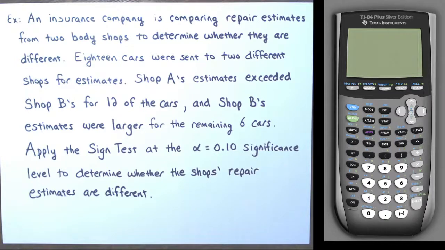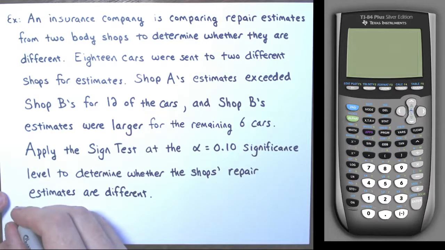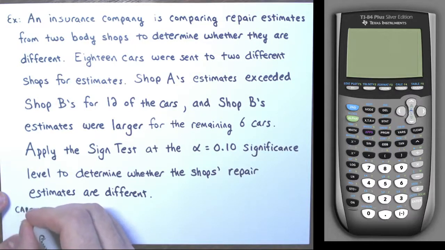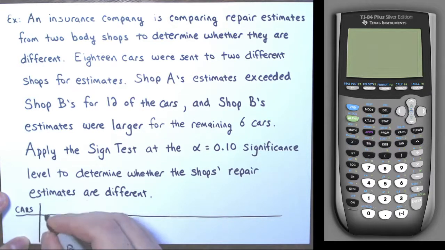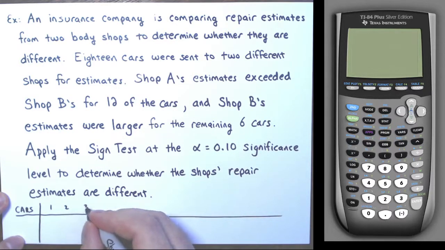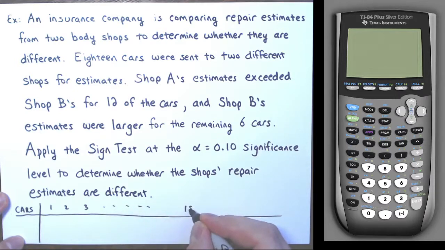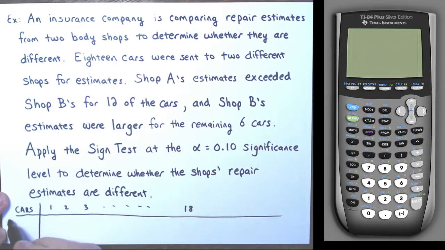So again, notice there's no table here, and there doesn't need to be. But if I had a table involved, there would be these 18 cars: car 1, car 2, car 3, all the way over to car 18. Then we have the estimate that shop A gives for repairs and the estimate that shop B gives for repairs.